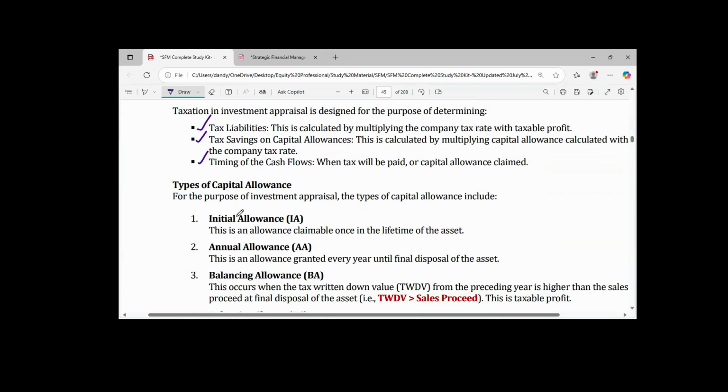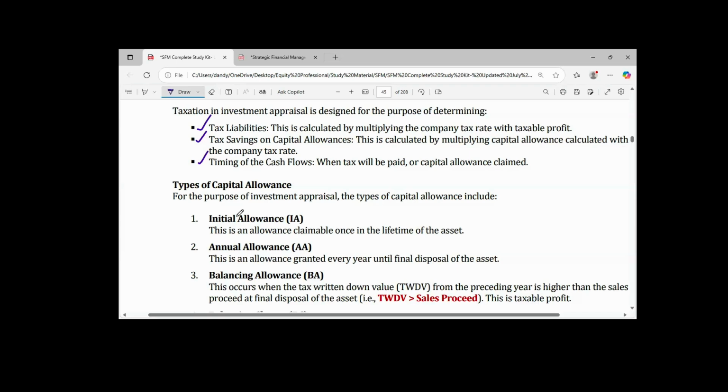The initial allowance is an allowance granted to a business once in the lifetime of an asset, okay? Meaning that once the company claims, once you multiply the initial allowance rate by the cost of the asset, you can't claim it again. It is only once and for all.